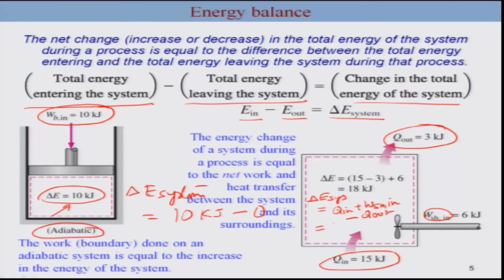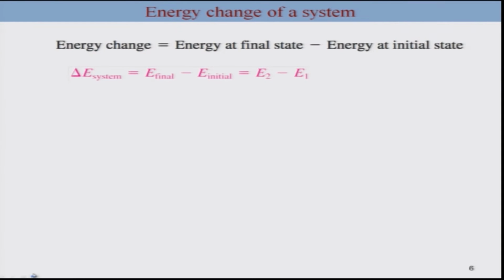So the answer is 15 plus 6 kilojoules minus 3 kilojoules, which should be 18 kilojoules.